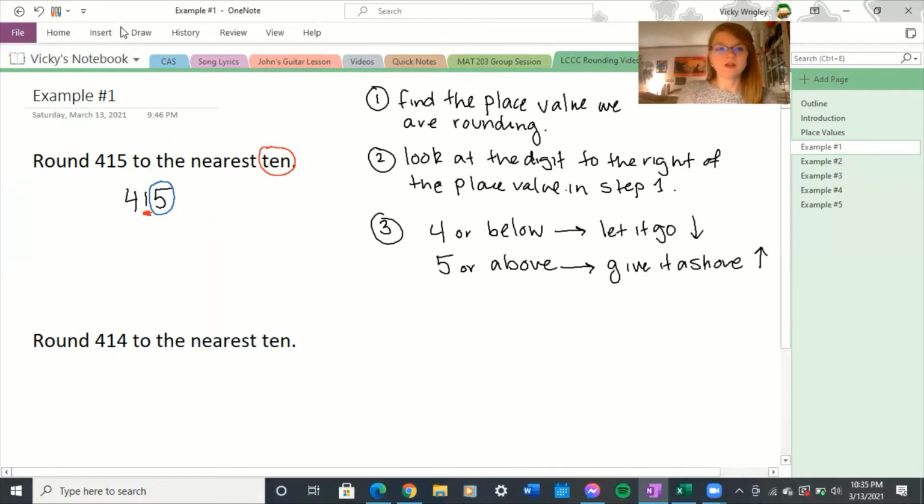All right, so this circled digit here is going to tell us what we're going to do to the underlined number. If the circled digit is 4 or below, we're going to leave our underlined digit the same. We're not going to change it. If the circled digit is 5 or above, it's going to get bumped up 1.